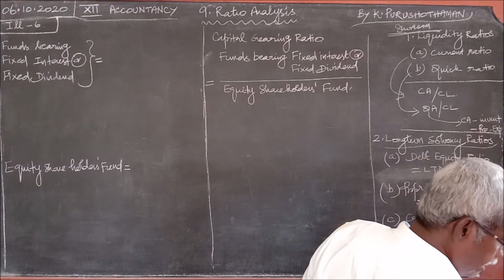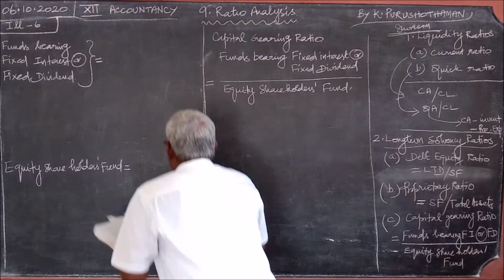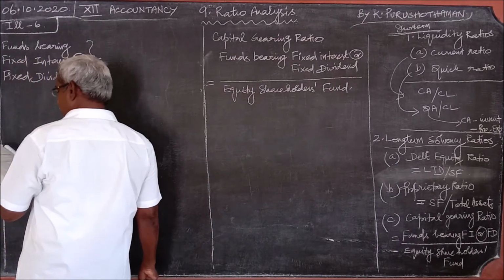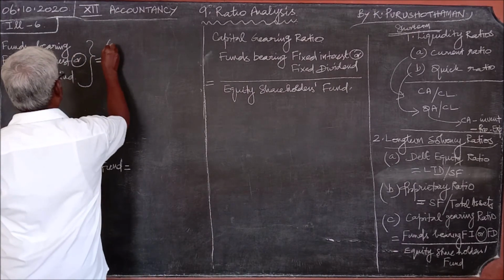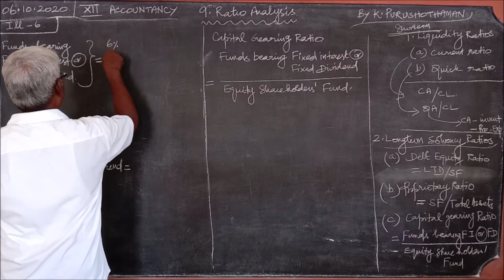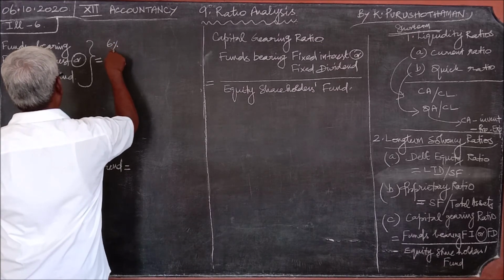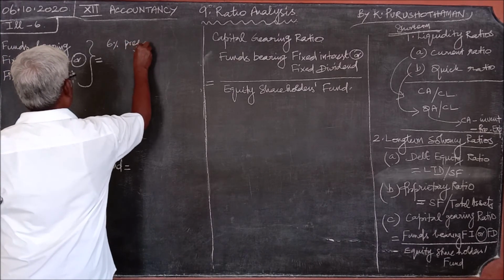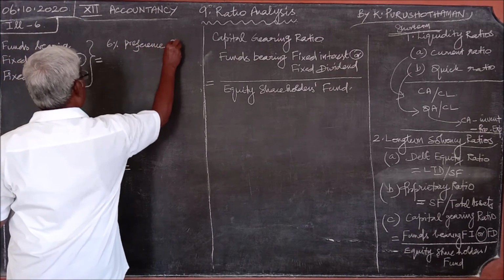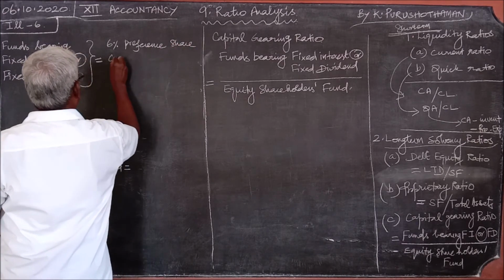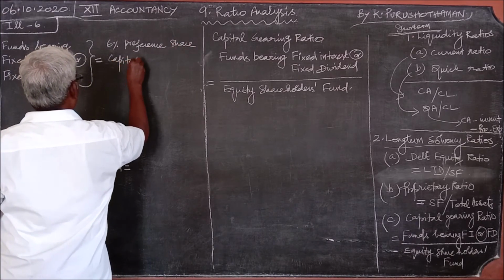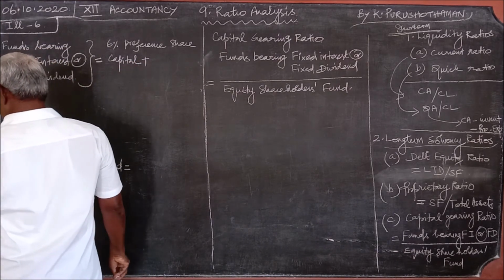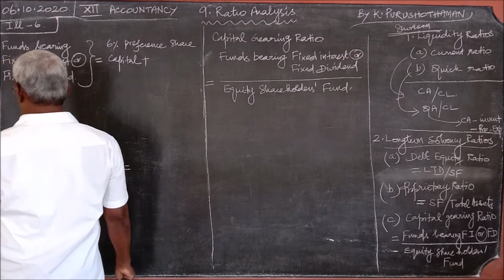What is there in illustration number 6? We find the value of the numerator. And what are they? 6% preference share capital. See, this is a fixed dividend they will give at the rate of 6%. This is one item for fixed dividend, plus long-term borrowing, 8% debenture.